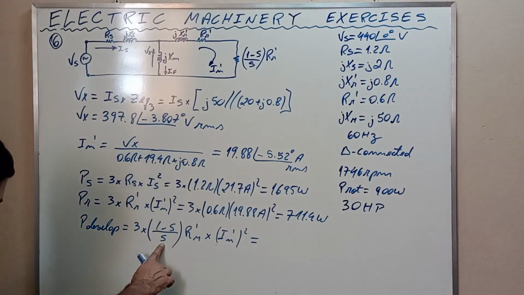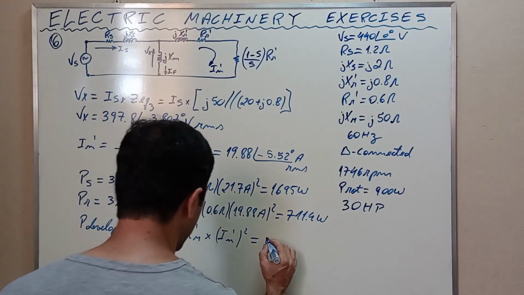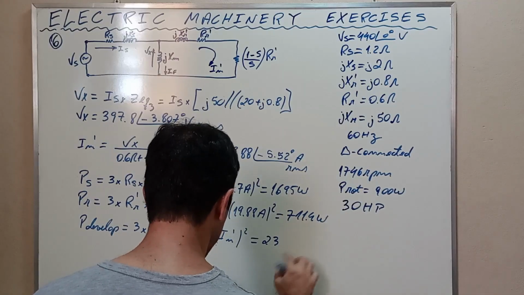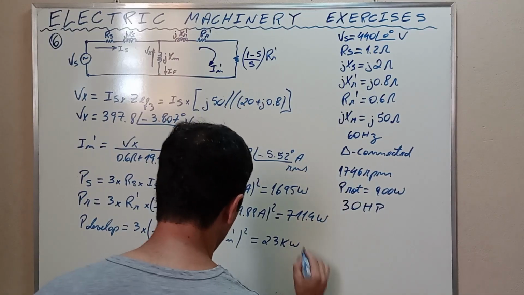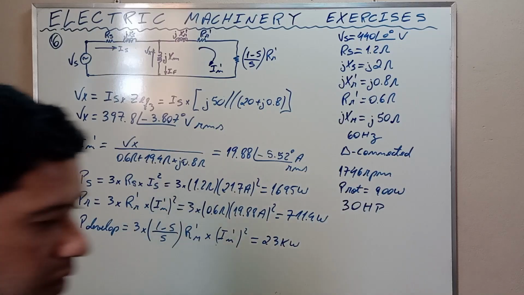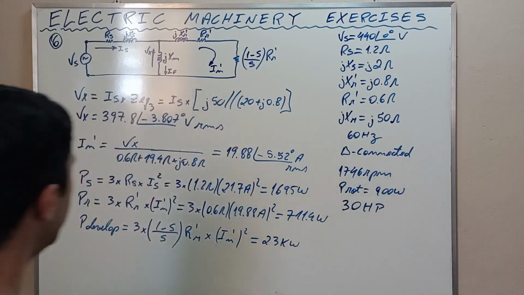You put the value of the slip here, and it is equal to 23 kilowatts. My friends, we are almost finishing exercise number 6. I'm going to have to clear the board again for more calculation.